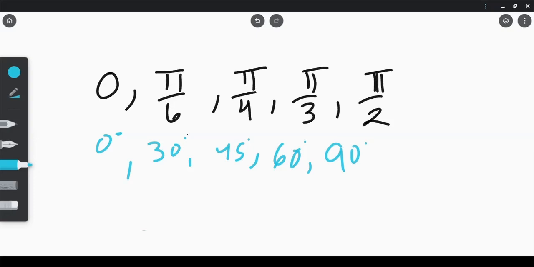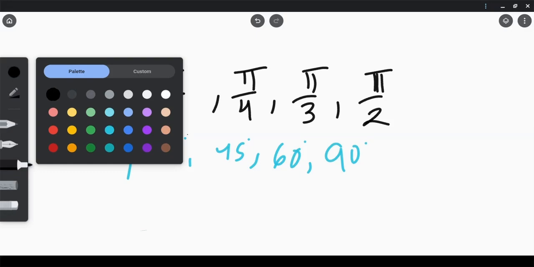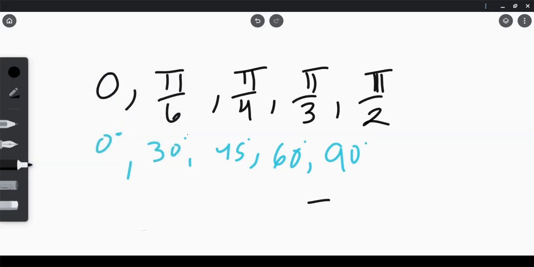They are important. But you will be asking, how do you convert these? There's a really good formula to do this, and it's really simple. When you want to convert pi over something to degrees, you use this.